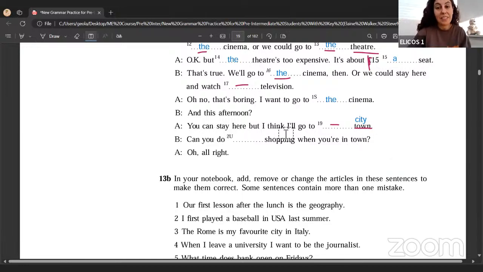You can stay here, but I think I'll go to the city. It is more common to say the city, but you have to then say the city. But if you say town, then there's no article. I think it's better to learn what's more common as a native speaker. But just remember, you have to say the city.